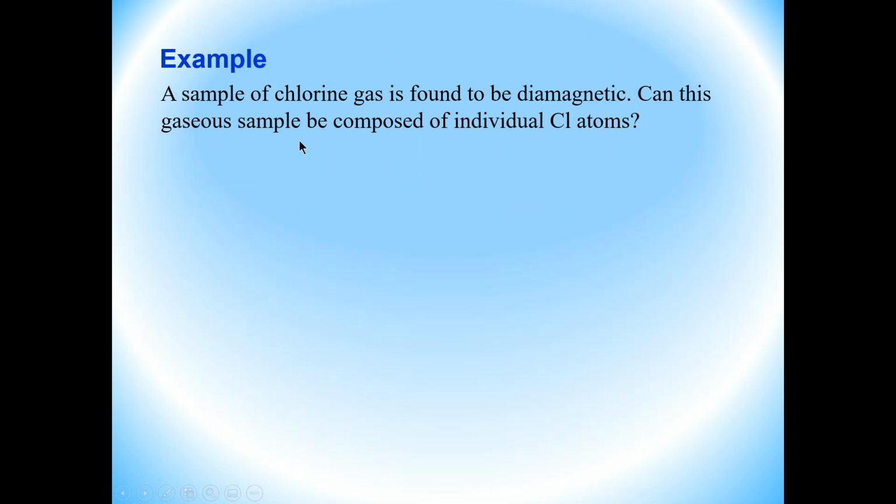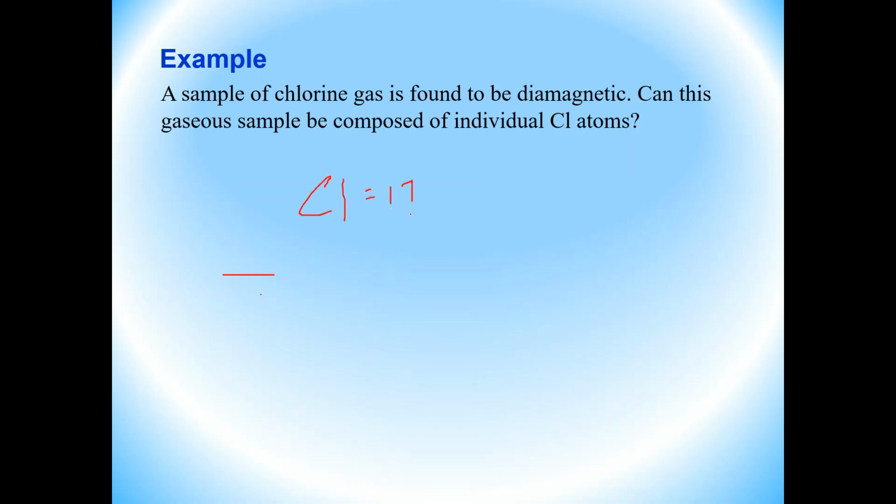It says a sample of chlorine gas is found to be diamagnetic, right? Can this gas sample be composed of individual chlorine atoms? Well, in order for us to answer that, we have to look at the electronic configuration of chlorine. And if you look at it, you'll see that chlorine firstly has 17 electrons.